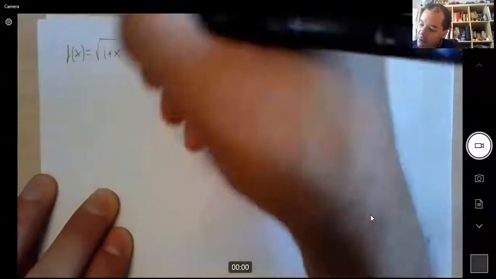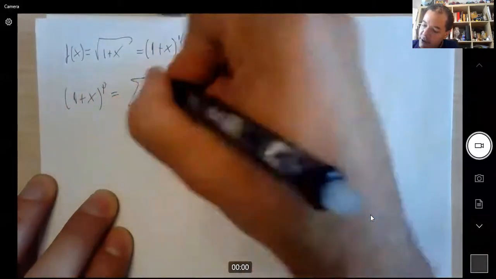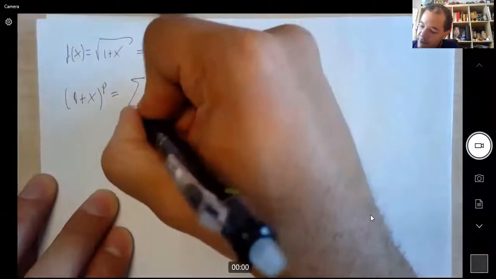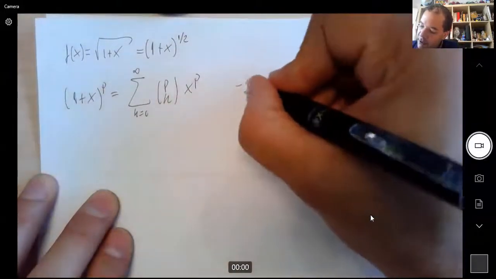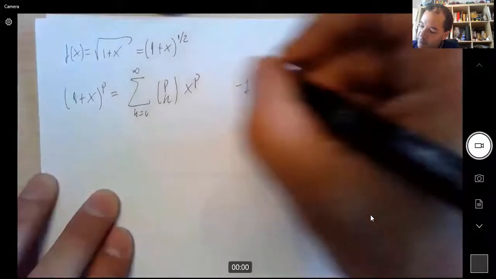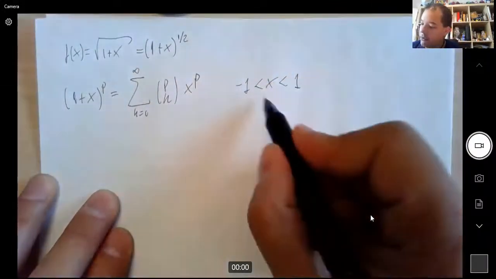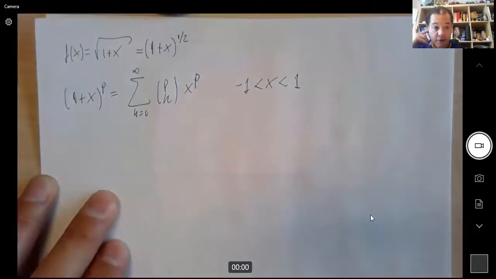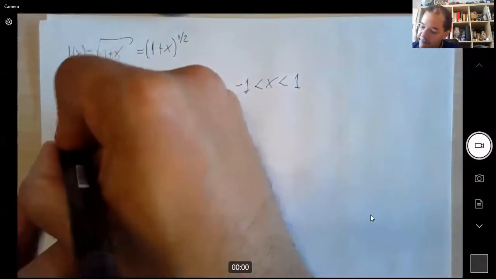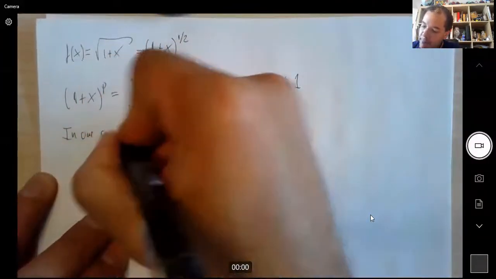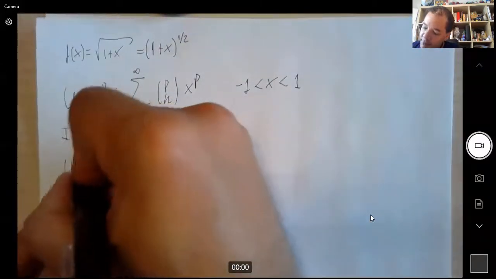We learned that 1 plus x to the p is the sum of p choose k, from 0 to infinity, x to the k. And this is good between -1 and 1. In fact, for this particular p, with p equals 1/2, it's okay to use -1 and 1. That's what the book says. So in our case, p is 1/2, so we're doing 1 plus x to the power half.